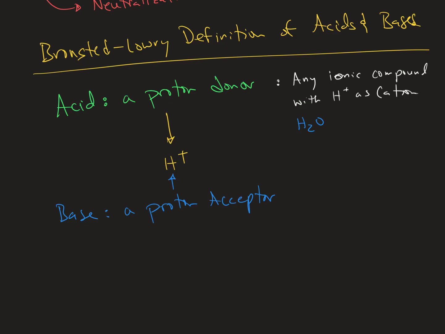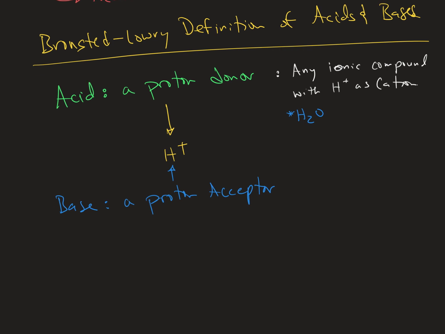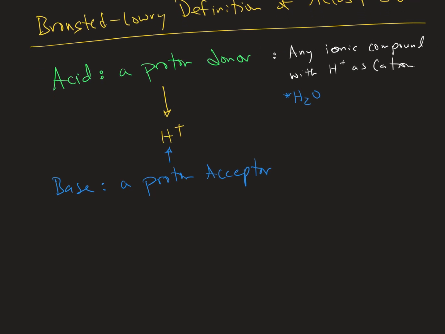But I think that's the only exception for acids that doesn't really follow that. But anyway, we'll get there a little bit more. So things like HCl, H2SO4, these are acids, right? Because they have the H as the cation. Good?